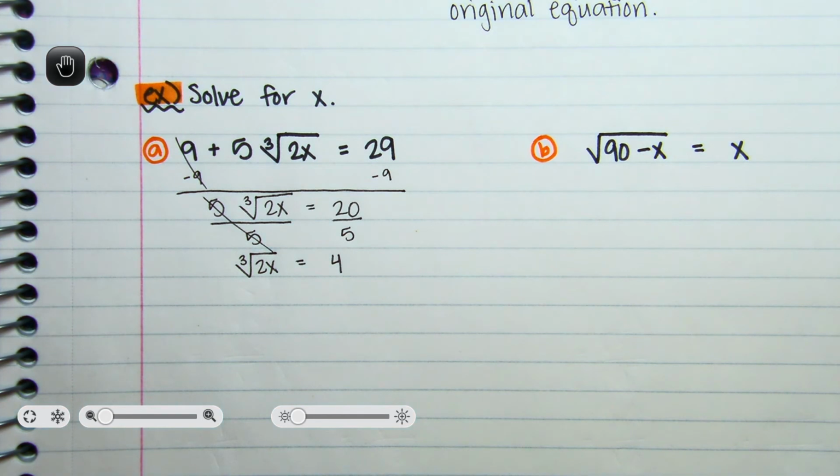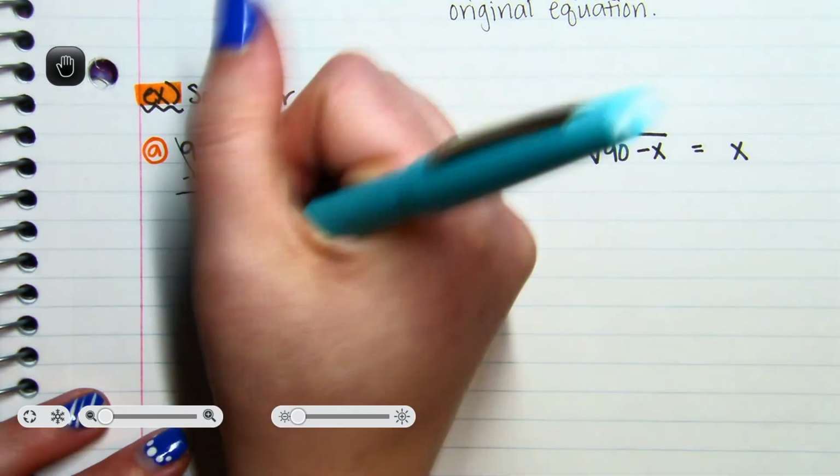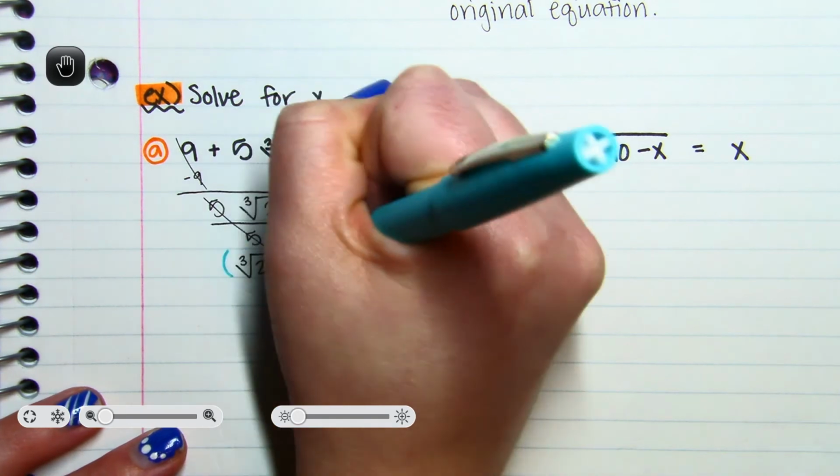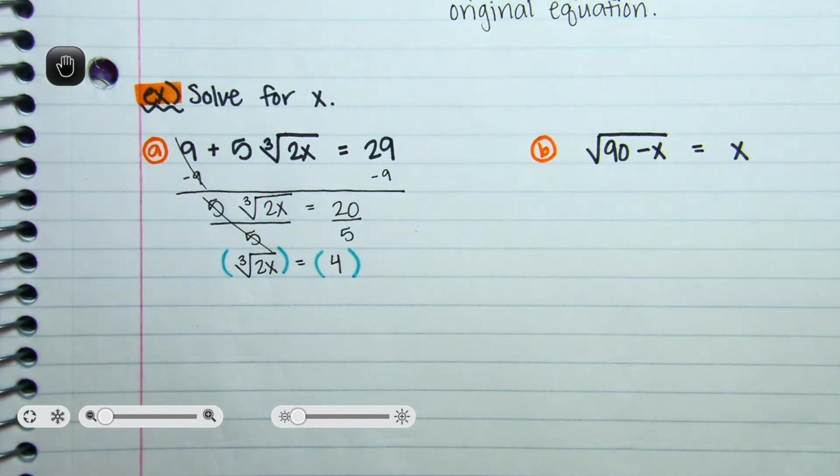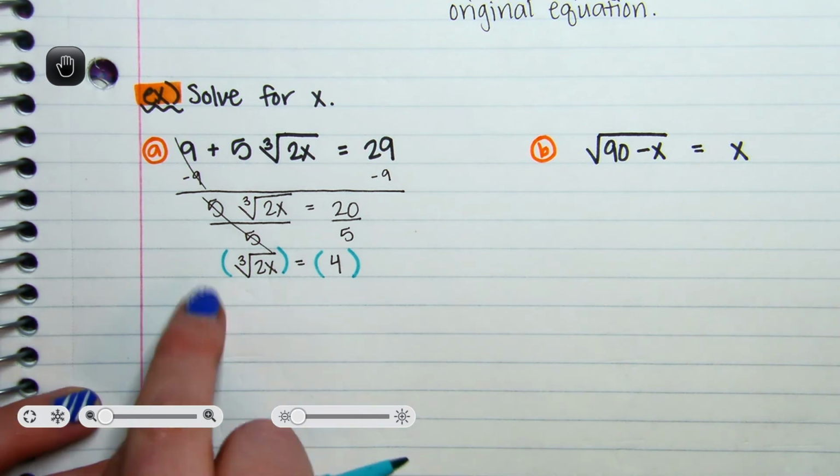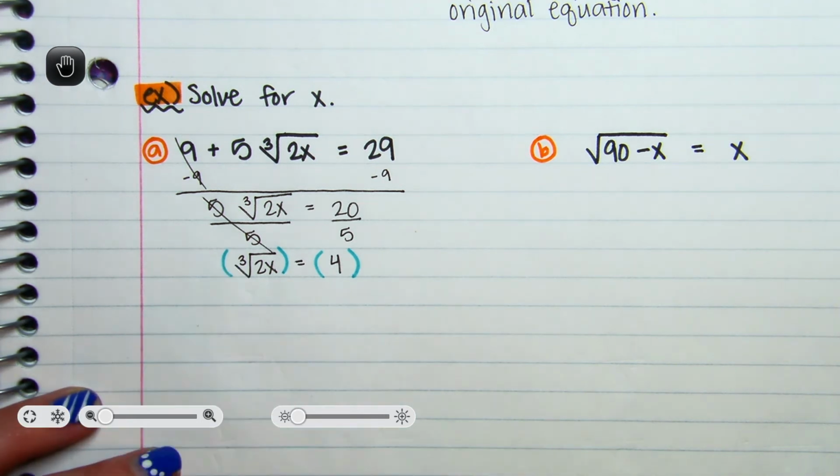Now, the next step is to actually get rid of this radical. So to do this, we raise each side to the power of the index. So I'm going to raise each of these. And what is my index for this problem? You should have said 3. This little teeny tiny number here, that's our index.